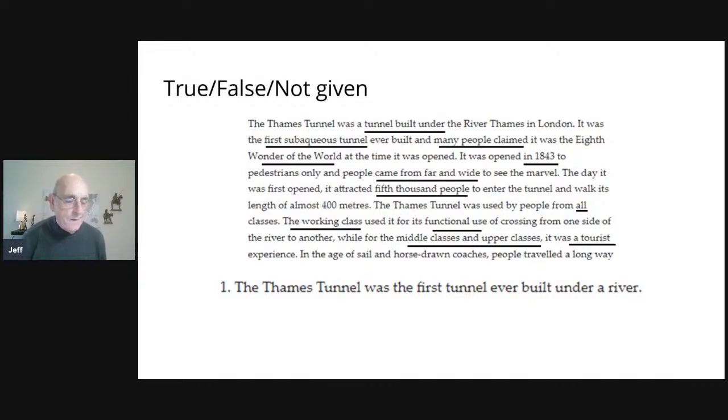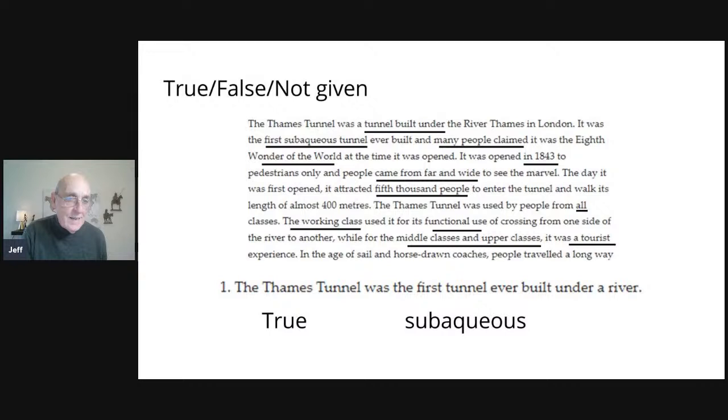Now again, subaqueous isn't going to help us. That adjective is what helps us the most. It's the first tunnel. So if we put those 2 things that we underlined together, it says the first tunnel built under a river. And that confirms that this answer is true.